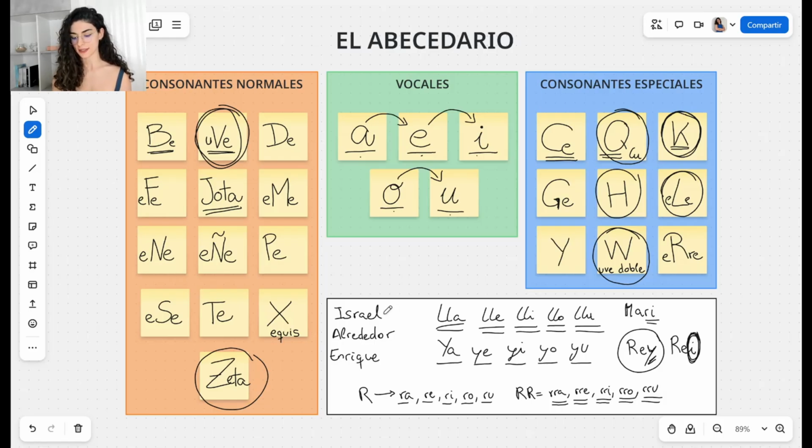So this is after S, after L, and after N. After these consonants, you write only one R, but this is pronounced like a strong one. Israel, not Isael. Alrededor, not alededor. And Enrique, not Enique.